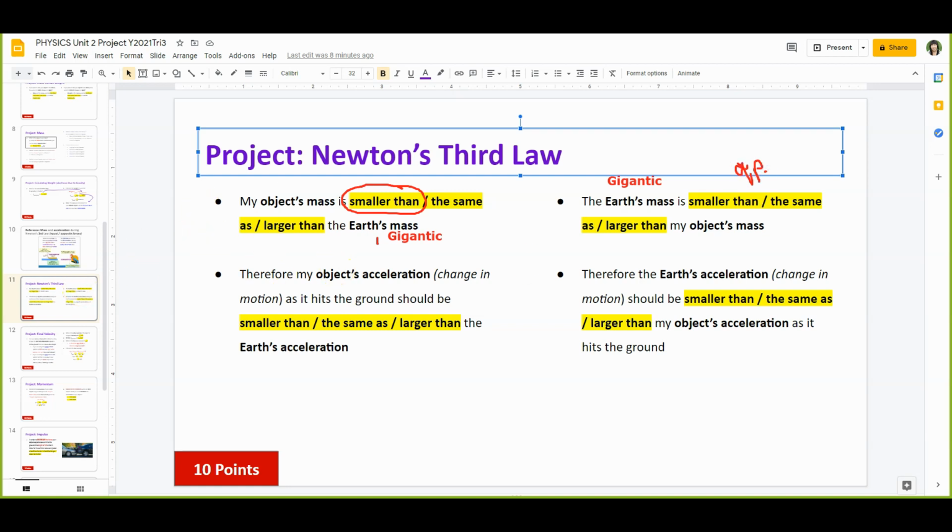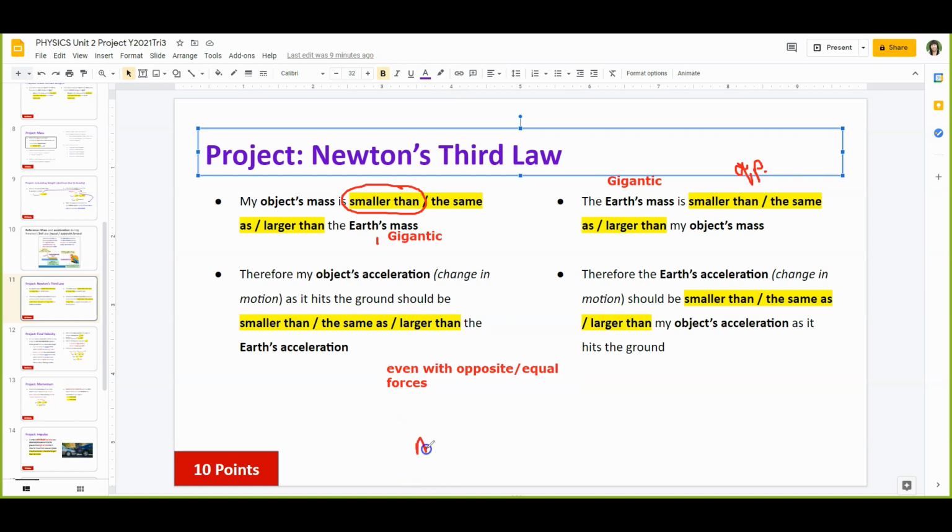Okay, so therefore, your object's acceleration, what will it be? Smaller than, the same as, or larger than? And again, we talked about this. Even if they have equal and opposite forces, when your object hits the Earth, think about how your object moves a lot, but the Earth barely moves at all, right? So again, this is related to the fact that even with opposite and equal forces, the mass matters.